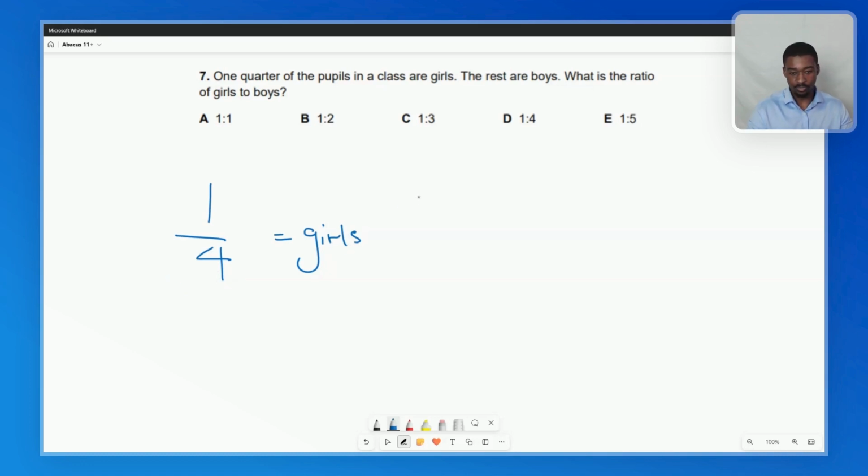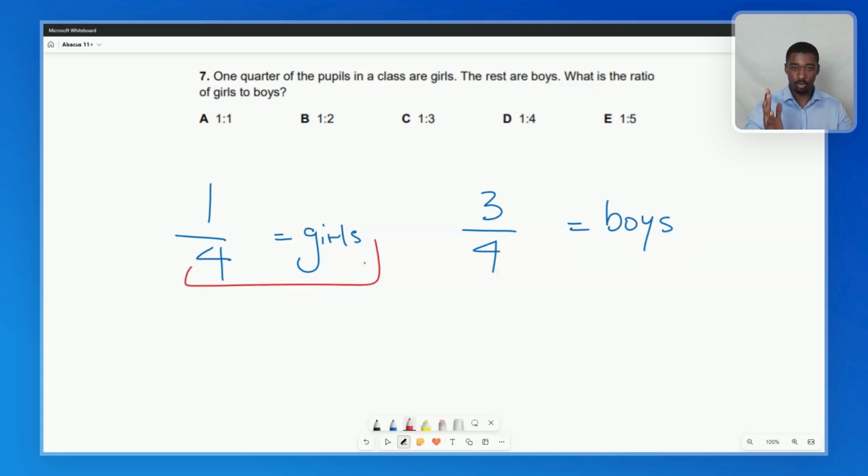And therefore, this means that 3 out of 4 are boys. So let's really deconstruct that language. 1 out of 4, 1/4, is fraction, are girls. 3 out of 4, 3/4, are boys.